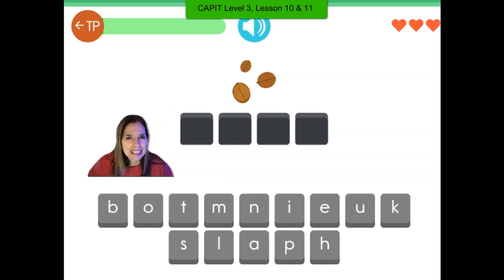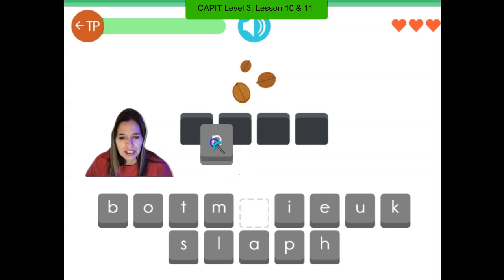Nuts. I see a picture here of nuts. These look like walnuts, don't they? So I know that on the end of this word I hear s. That doesn't always mean it's a suffix. But in this word, I know if I have one, the word is simply, let's build it together, nut.